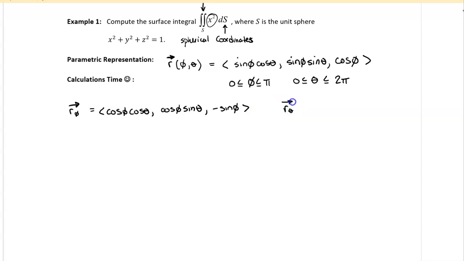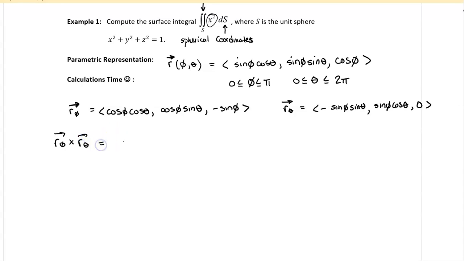Our partial derivative with respect to theta is going to be negative sine phi sine theta. Don't get confused and try to make that like a sine squared. We got sine phi cosine theta. And then we have, oh nice, 0. So now we need the cross product.